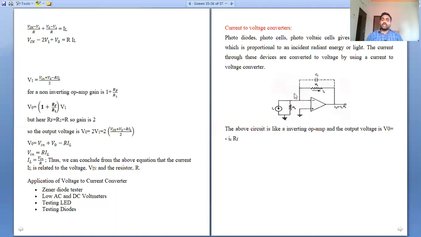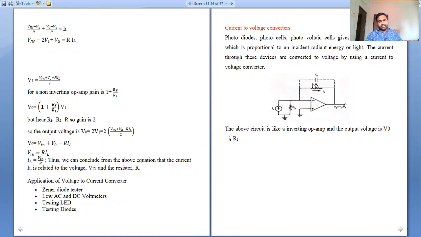It will flow directly through the feedback loop and pass through R0. That's why the current is limited, and that's why we have chosen this arrangement.